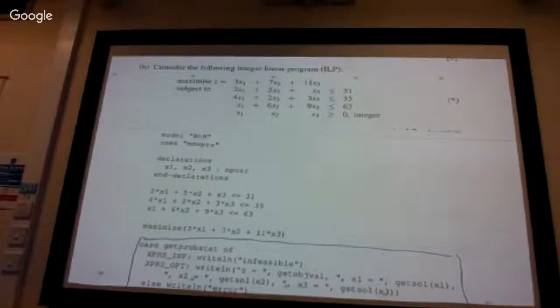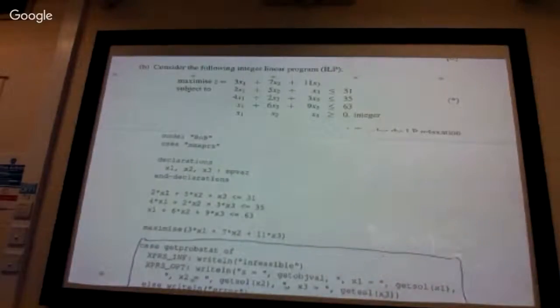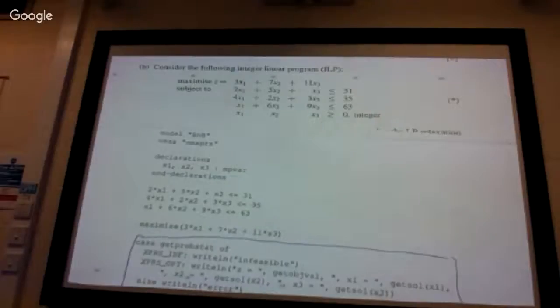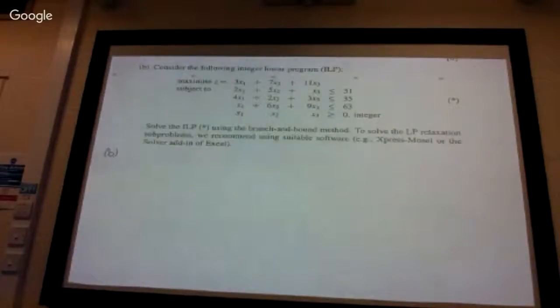Otherwise, you'd be in trouble. But the actual constraints are very simple. So I run it, and it gives me this solution.